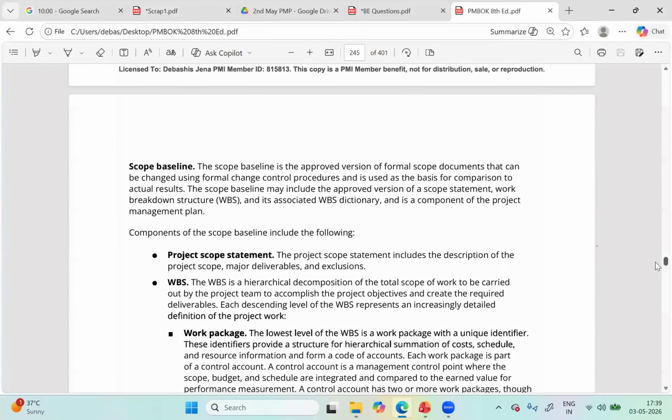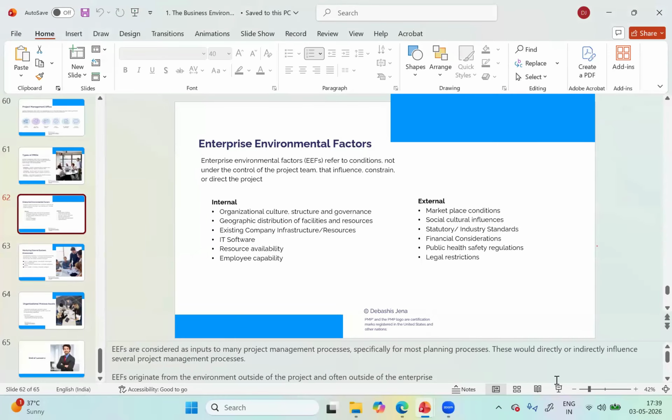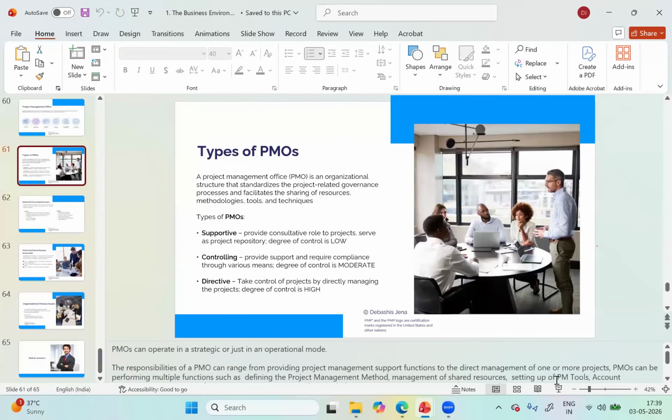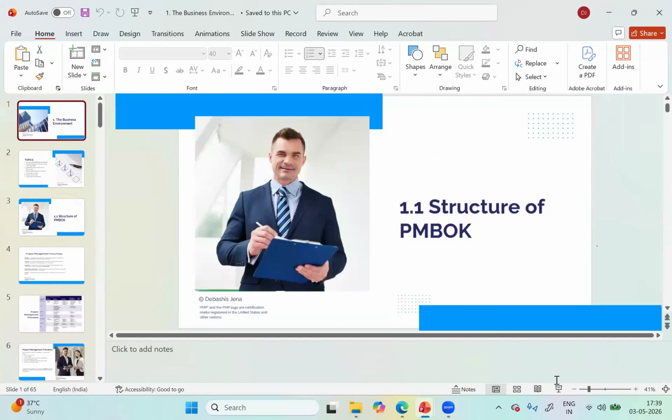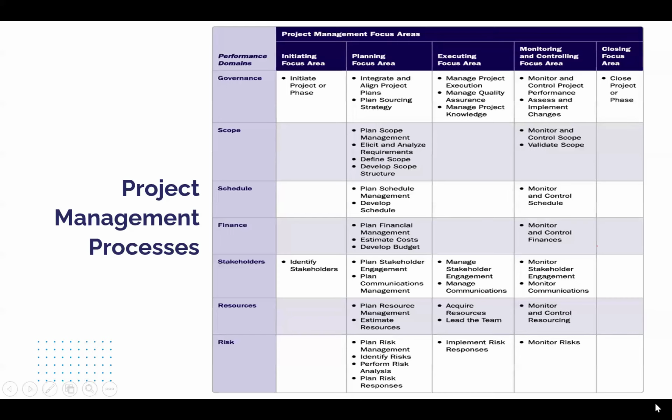Just opening PMBOK to show you something. I will explain the structure of PMBOK to you later.